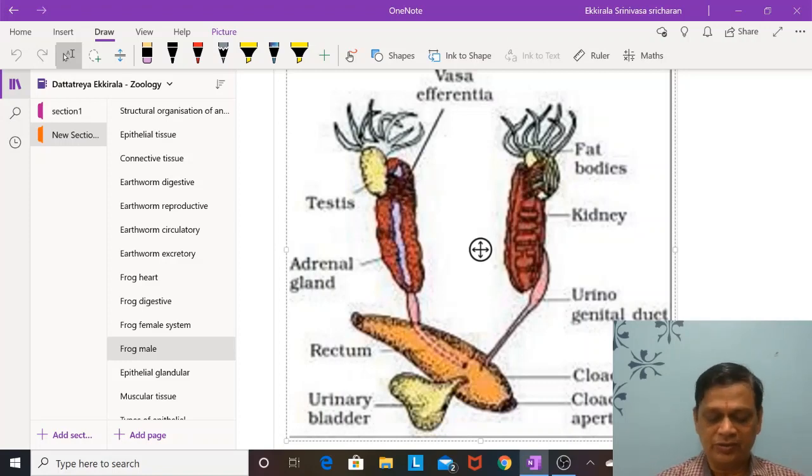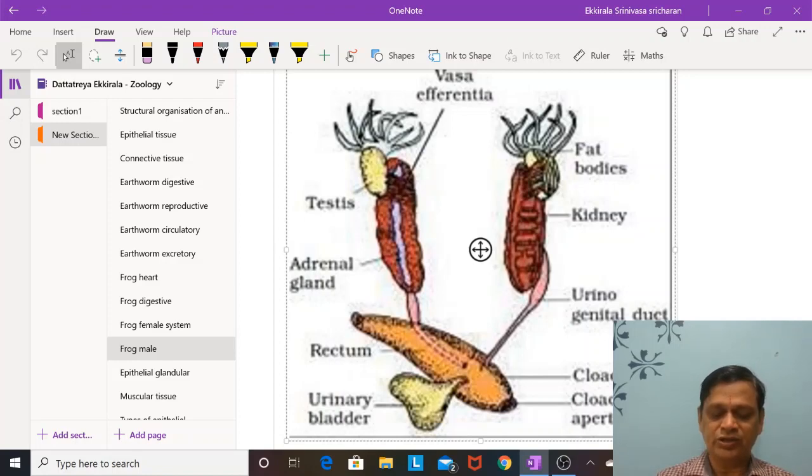Coming to the reproductive and excretory systems, both are closely linked. This is related to the male frog. How can we tell the difference between a male frog and a female externally? Male frogs are characterized by the presence of vocal sacs and nuptial pads. Right.